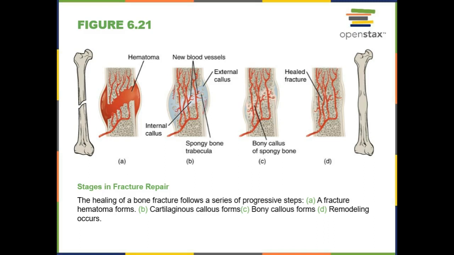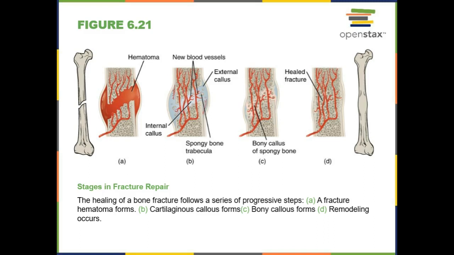Then you have a soft cartilage callus composed of fibrocartilage. The fibrocartilage forms around the bone, basically protecting it and giving it a structure so that it can heal itself.